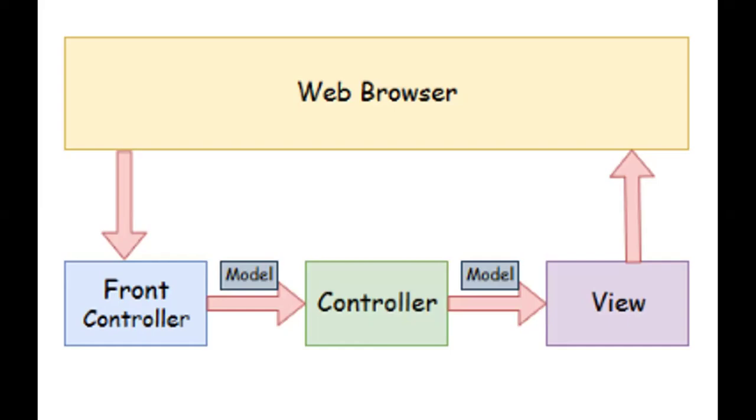So this acts as the front controller in Spring MVC and it interprets all the incoming HTTP requests and delegates to the appropriate handler methods of the controllers or view or model. Next part is the controller. The controller is used to handle the user request and it interacts with the service layer in order to process the data.